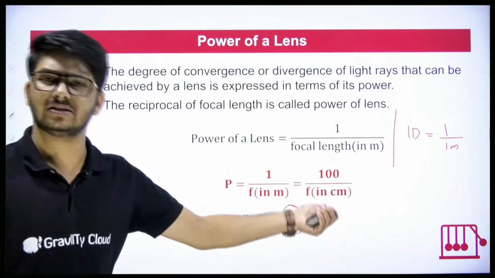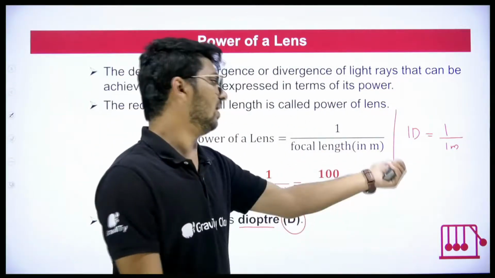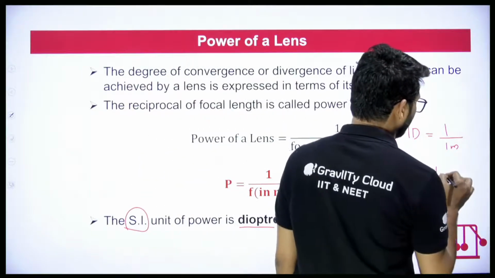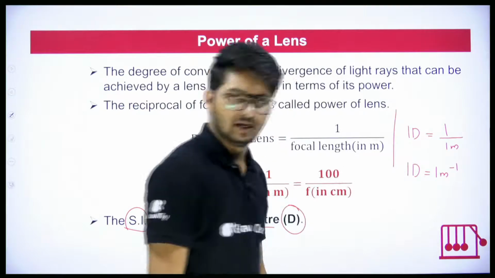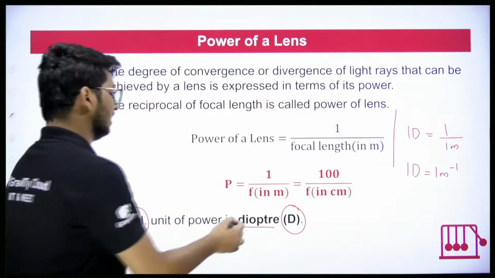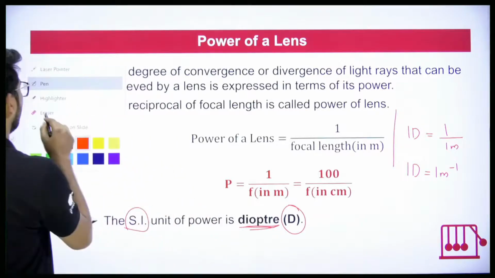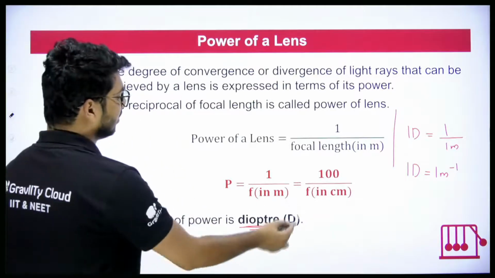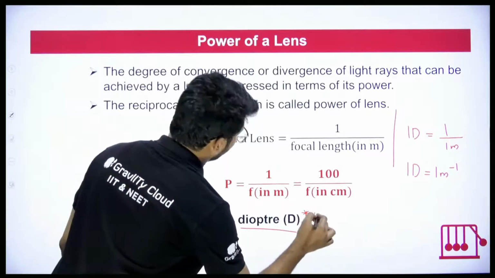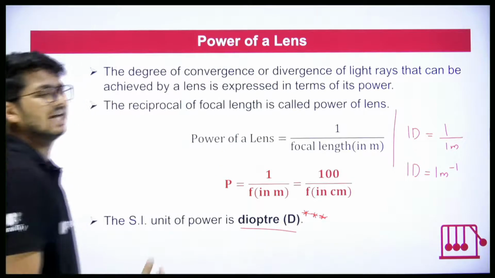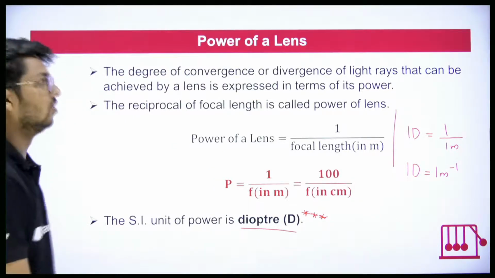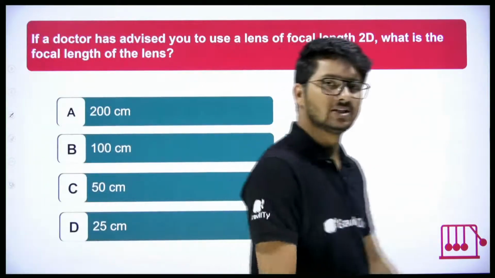Focal length is also in SI units. 1 diopter is equal to 1 per meter, because meter is in the denominator. So diopter is the SI unit of power. Symbol is capital D. Very, very important point, because normally people forget that. Got it? Good. So let's go into a few problems to understand things better.